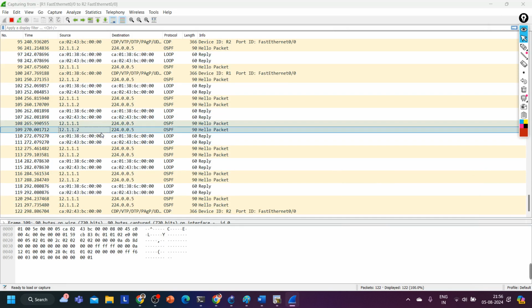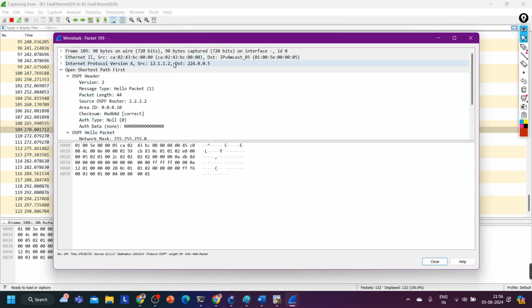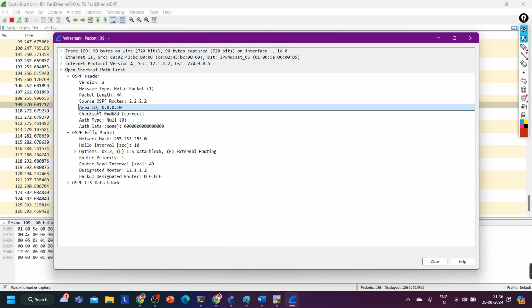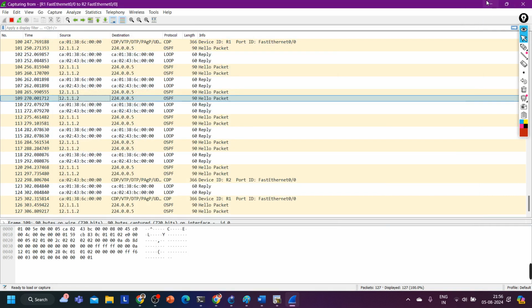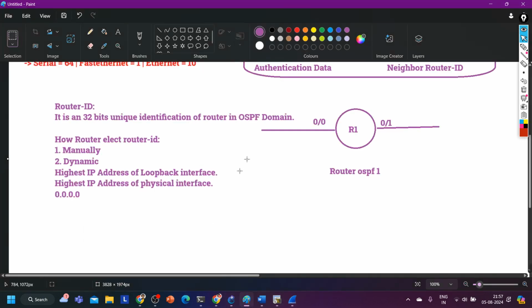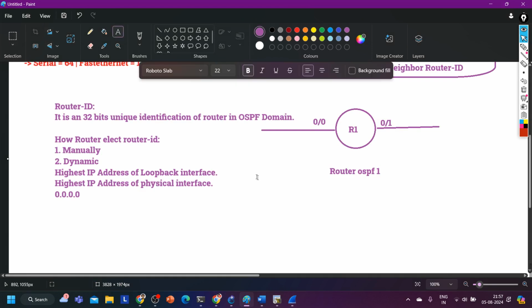If you open hello message of router 2, see router 2 hello message. 12.2 is sending this hello message. What is the area ID here? 0.0.0.10. So area ID is also represented in IPv4 format. If I define area 0, the router is going to represent it like 0.0.0.0.